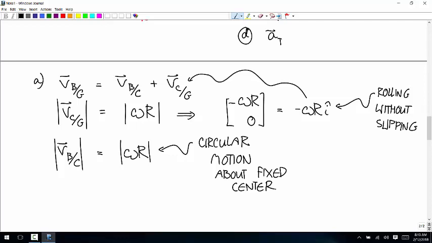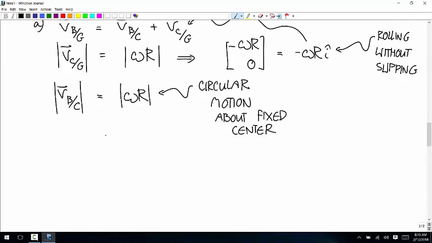Okay, well, if we're talking about circular motion around this fixed center and we have our omega like this, what's the direction of the velocity vector of B?